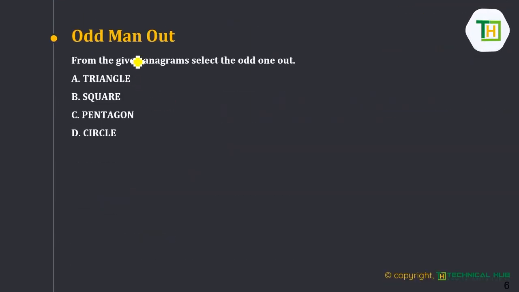So from the given anagrams, select the odd one out. First one, what is given? Triangle. Triangle has three sides. Second option, square. Square has four sides.